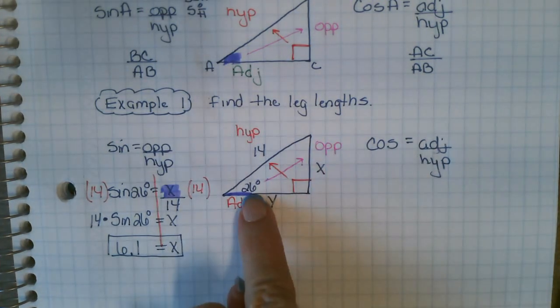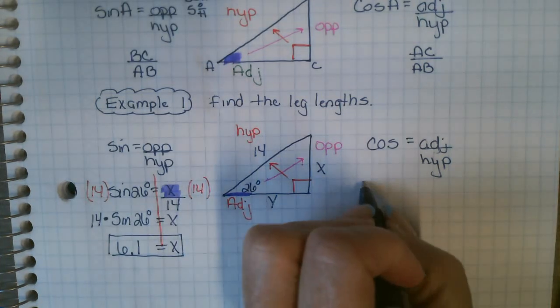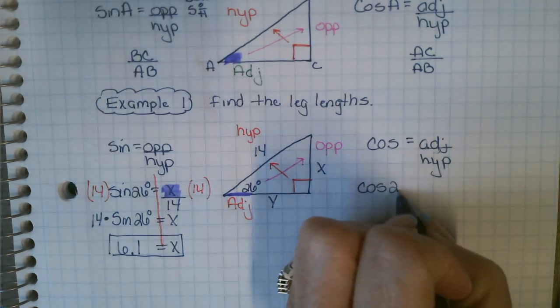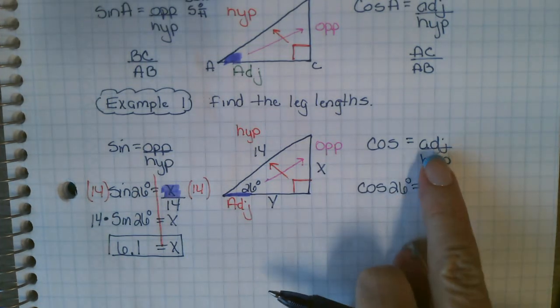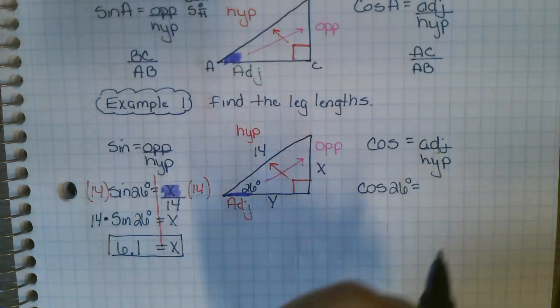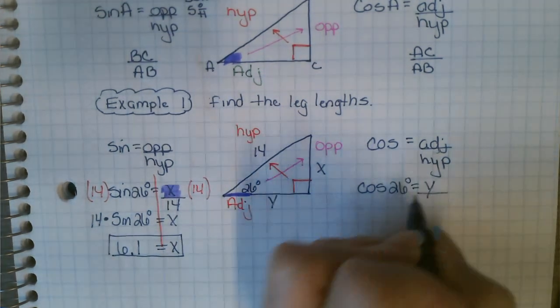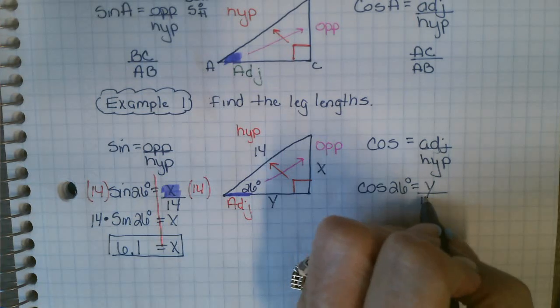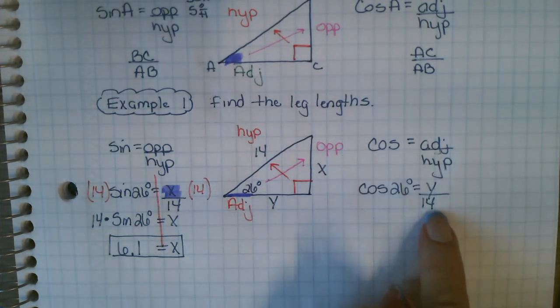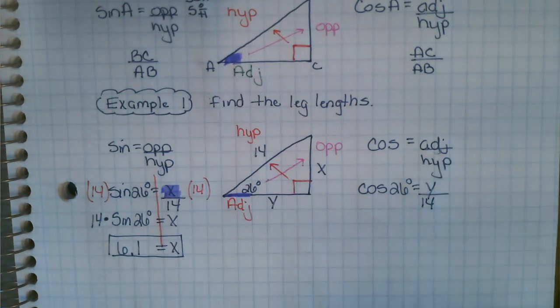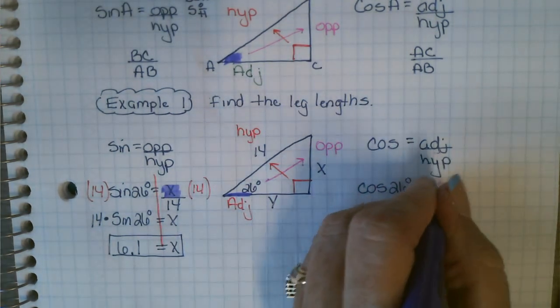So first thing I'm going to do is cosine. My cosine degree is 26. Filling that in first. And then I'm going to do my adjacent, which is my y in this case, over my hypotenuse, which is 14. And again, I've got to get my y by itself.